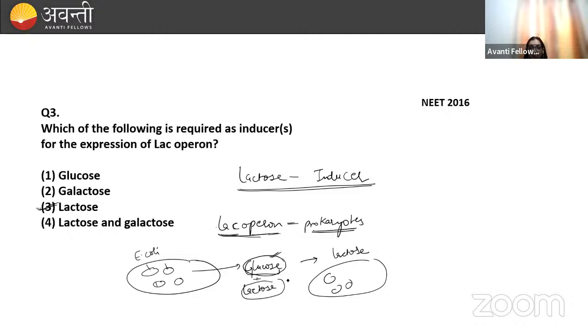When the level of glucose is depleted, these cells will use lactose as their energy source. And in that case, the lac operon will get activated, because lactose will act as an inducer. Okay, I hope it is clear.